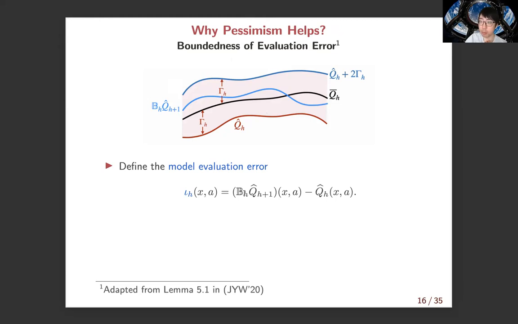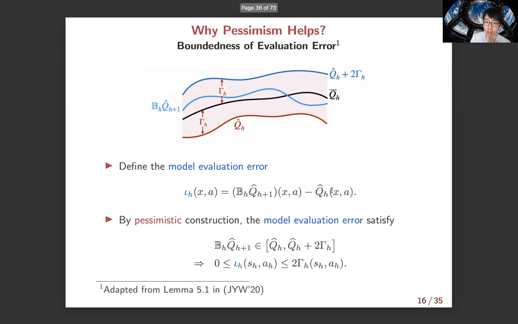So it takes the difference between our regression target, which applies the Bellman operator on the next Q hat function, and our estimated function, which is the output of the regression procedure. So that's our prediction. Although we expect them to be close, on certain states and actions, due to the lack of observation of those states and actions, there could be a gap, and that gives us the error.